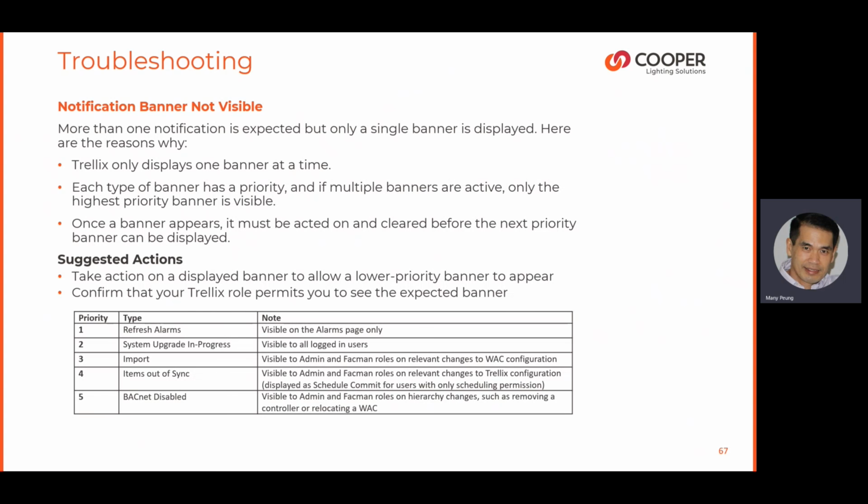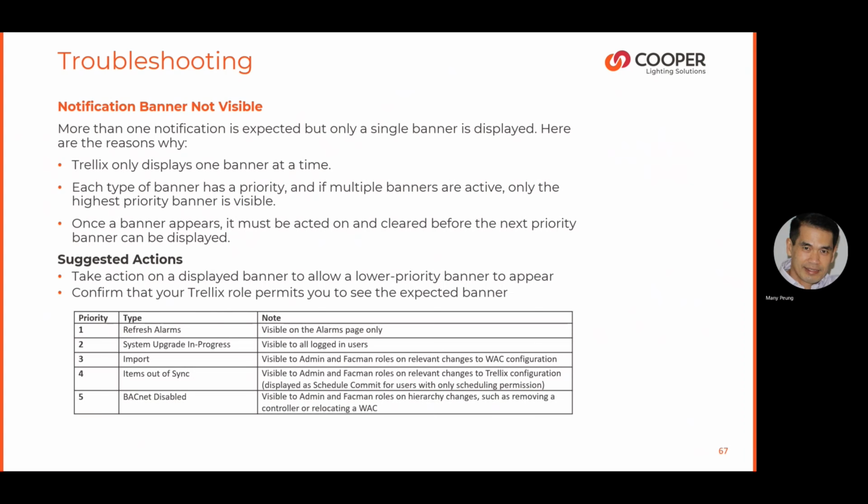Why did that happen? It's because Trellix only displays one banner at a time, and each type of banner has a priority. If you have multiple banners that are active at the same time, only the one with the highest priority will be visible on the screen.